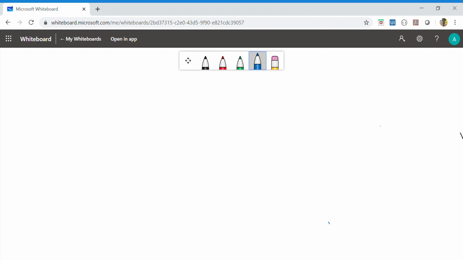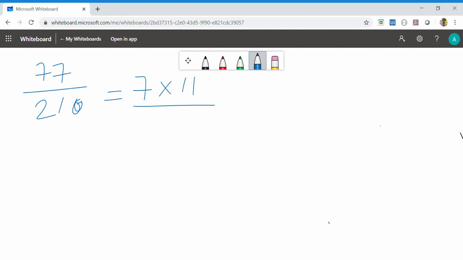Suppose you take 77 by 210. What are the prime factors of 210? 210 can be written as 7 into 5 into 2 into 3. So the numerator can be written as 7 into 11, over 7 into 3 into 2 into 5.